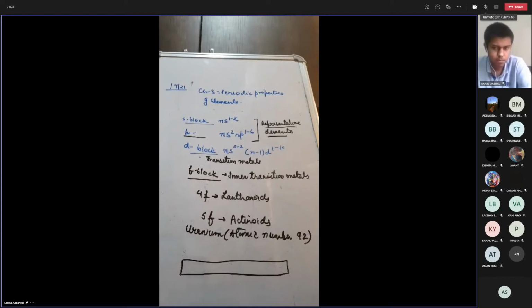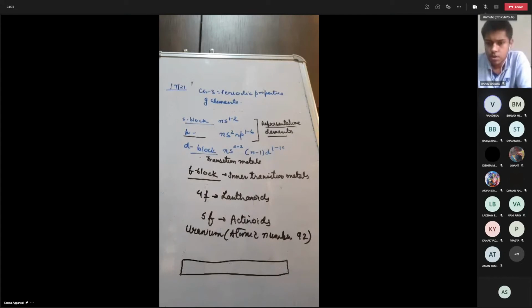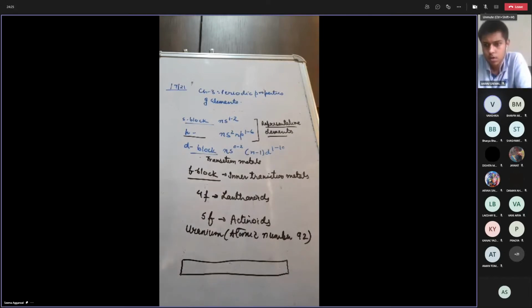I told you general properties of F block elements. Can anyone tell me any two? One marker question: give any two characteristics of F block elements. Vanshika, now you will tell. What are the general characteristics of F block elements? They are mostly metals, they are radioactive, they are paramagnetic.